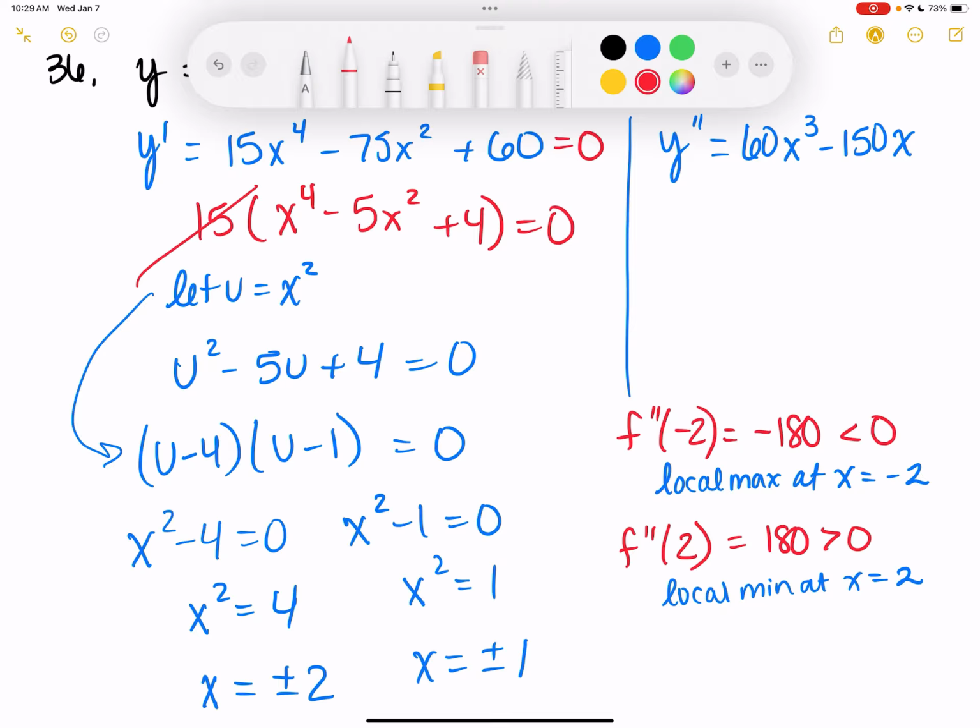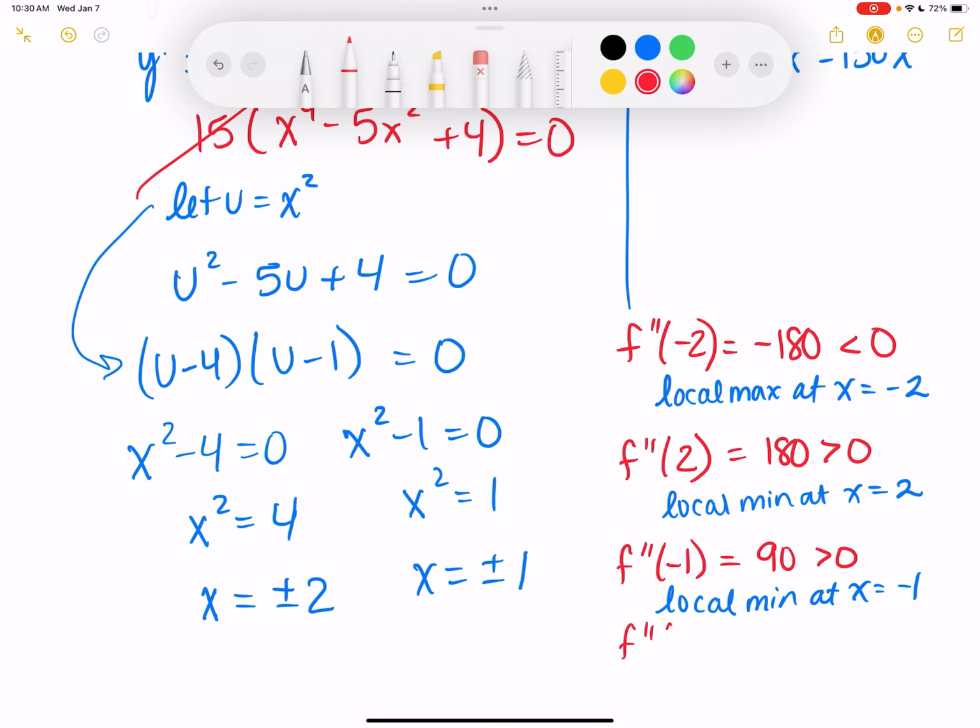Then I'm going to do negative 1 and positive 1, so f double prime of negative 1. That's a negative 60 and a positive 150, so that's going to give me 90, which is greater than 0, so that means that that is a min at x equals negative 1.